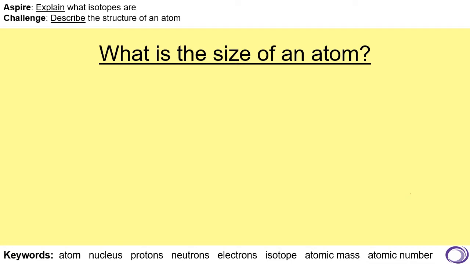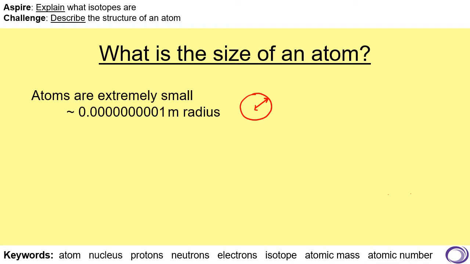So you should remember that atoms are incredibly small. If we think of atoms as spherical objects, so we tend to draw them as spherical objects, the radius of an atom is approximately 0.0000000001 meters wide.